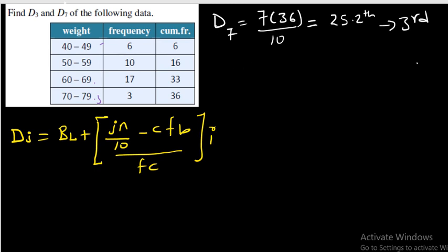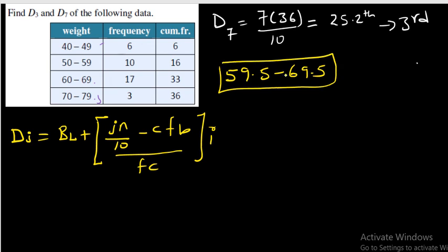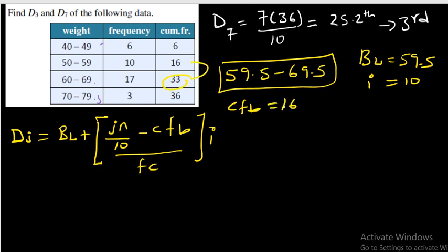Let's take out the boundaries: 59.5 until 69.5. This is the class where the 7th decile is found. BL here is 59.5, and the interval is still 10. The cumulative frequency of the class before it is 16, and FC, the frequency of the class, is 17.